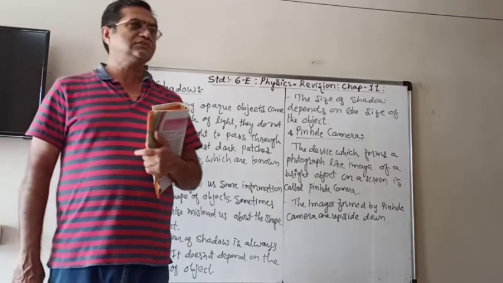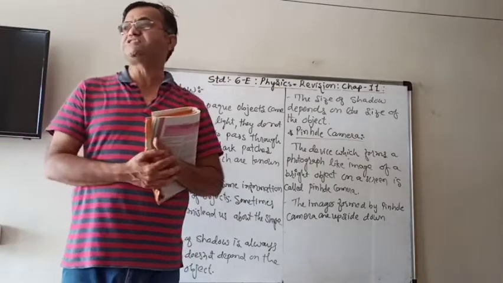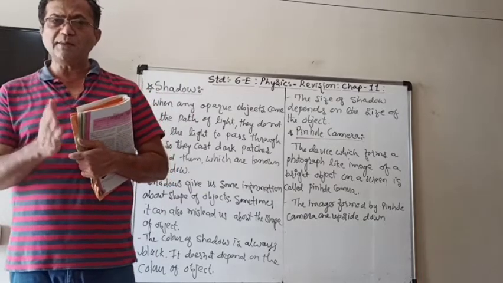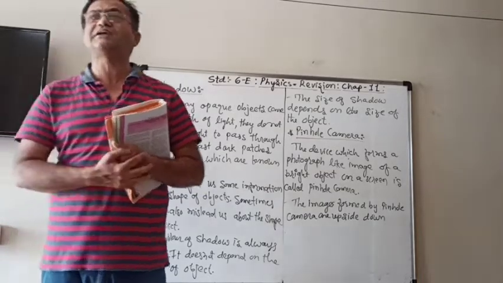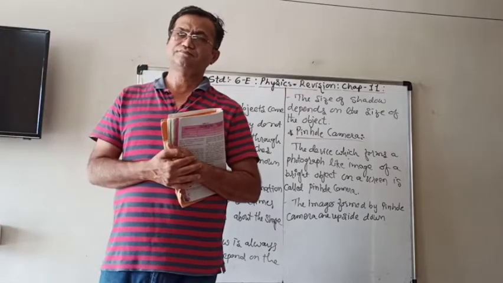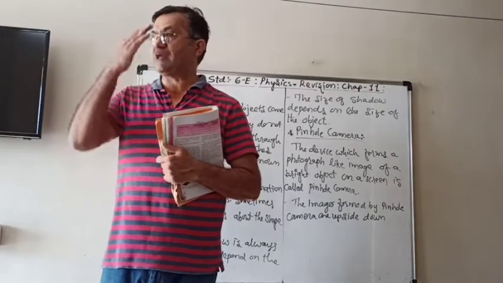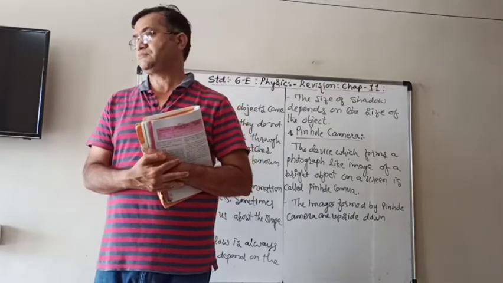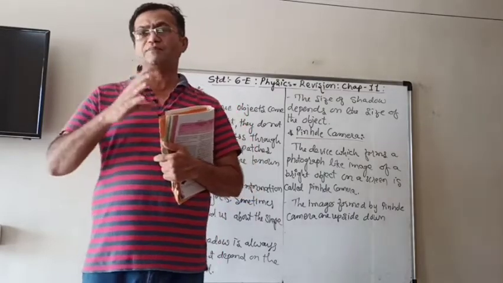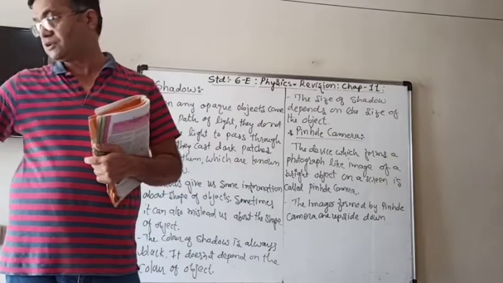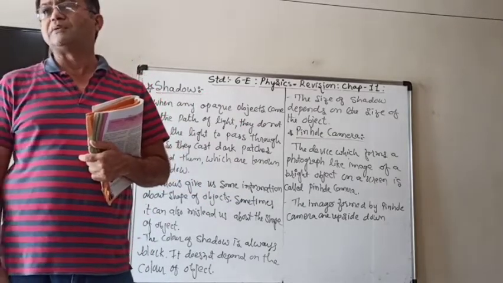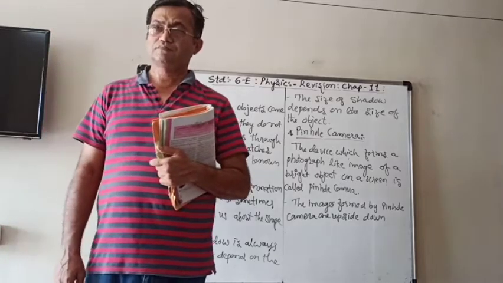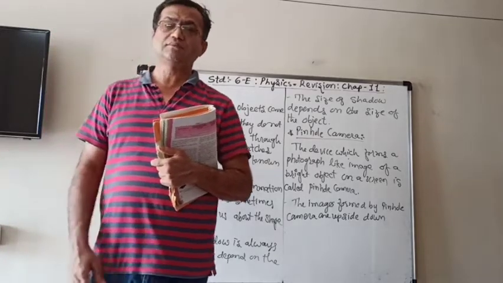But when an opaque object comes in the way of sunlight or any light, the light cannot pass from that part, and therefore that part will look like dark patches on a screen.